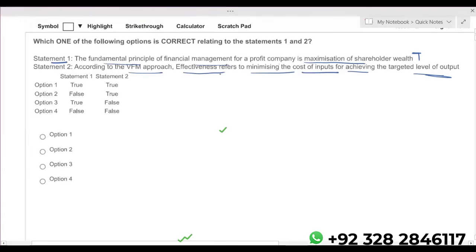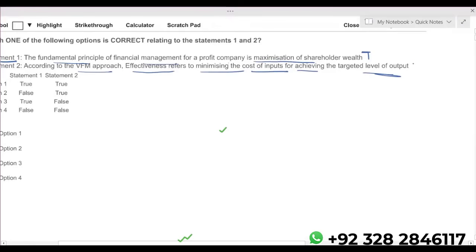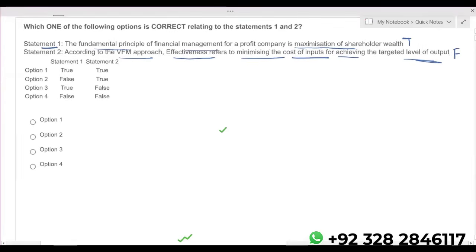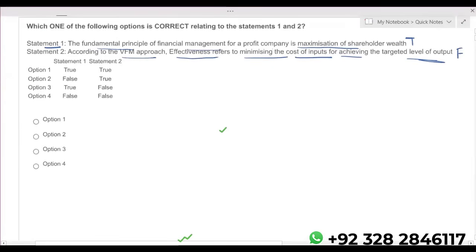In order to get the desired results, that thing will be expensive, it will not be cheap. What the examiner has written here, that effectiveness refers to minimizing the cost, is not effectiveness, that is economy. So basically that is false. So one is true, the second is false. So option 3.